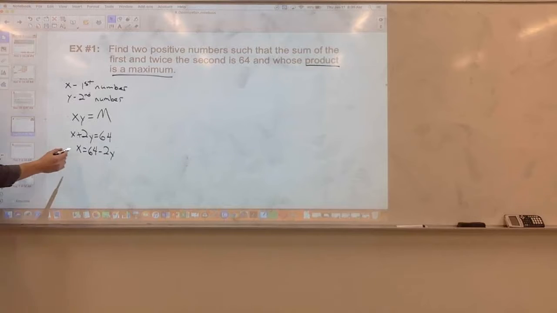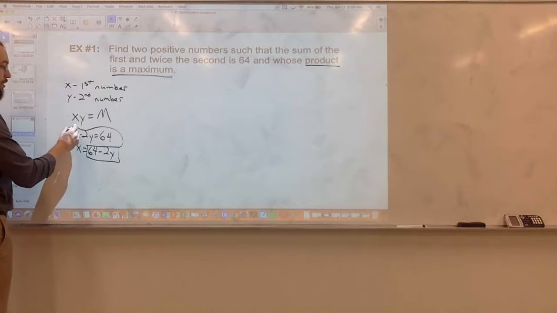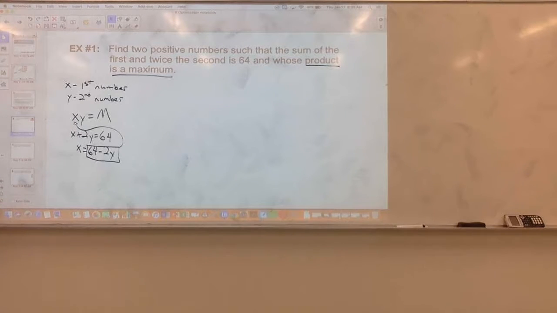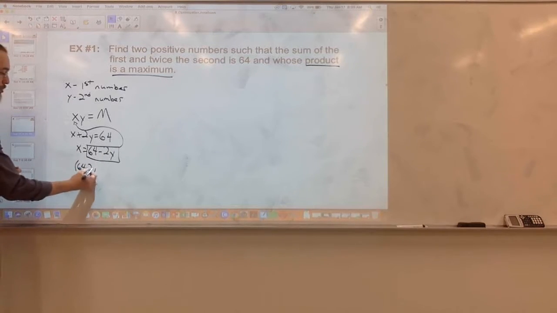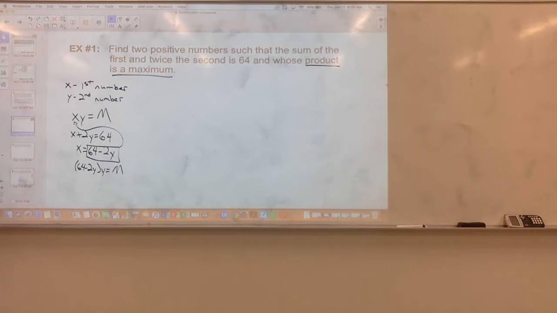So now I can take this and plug it in place of x in my objective function. So we'll have 64 minus 2y times y equals m for max.